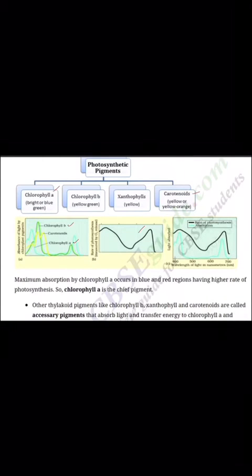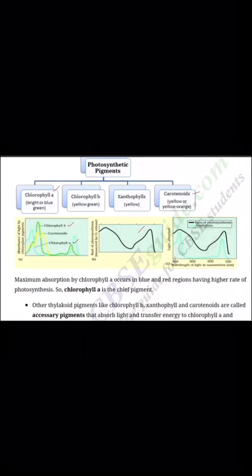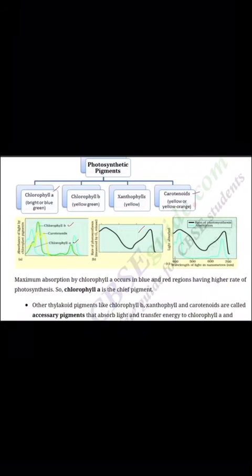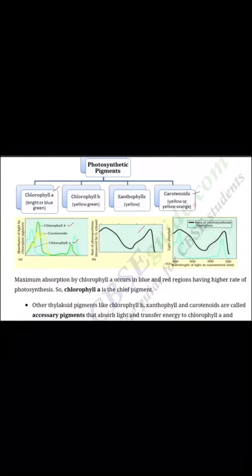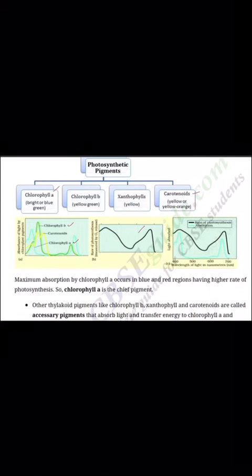In the third graph you can see the wavelengths of light, from 400 nanometers to 700 nanometers, and the light absorption. This is basically chlorophyll A. Now look at the graph, where is it reaching its peak? It is in this range, near 700 nanometers.